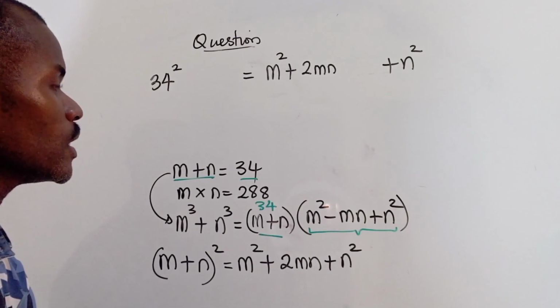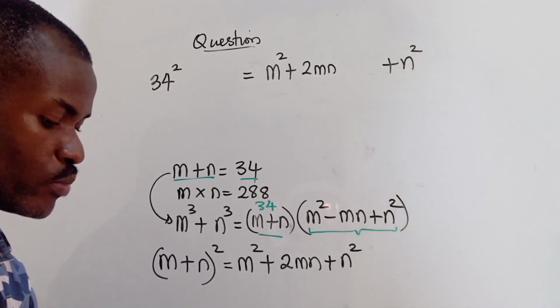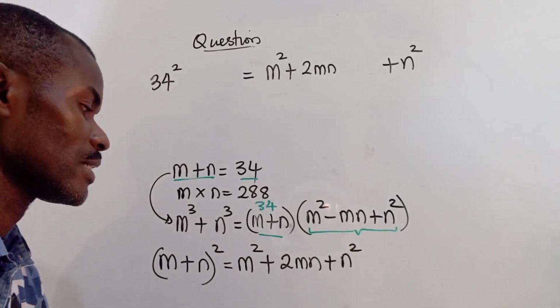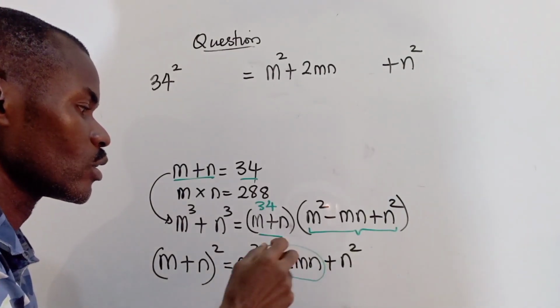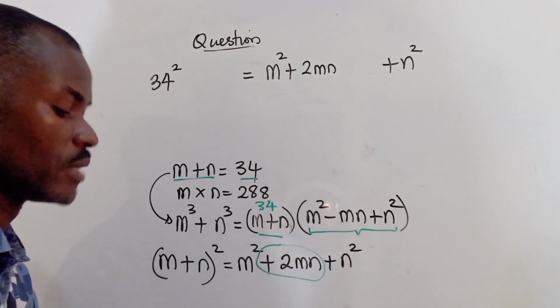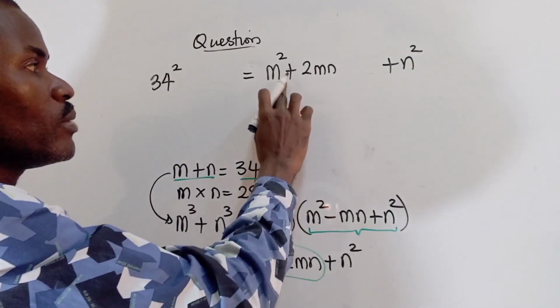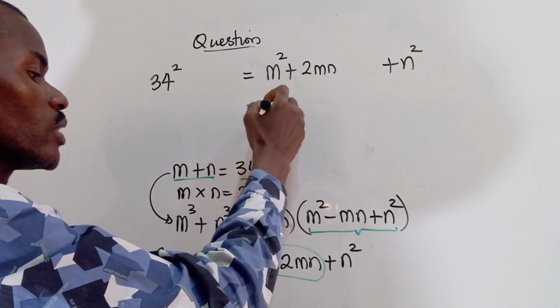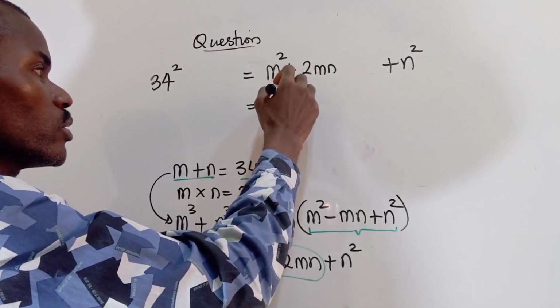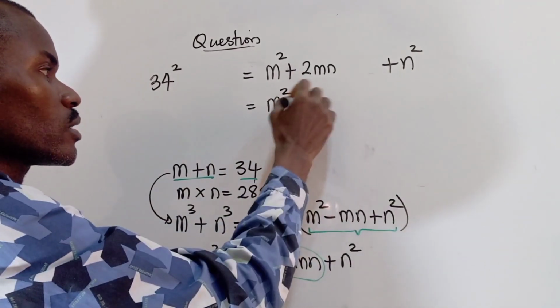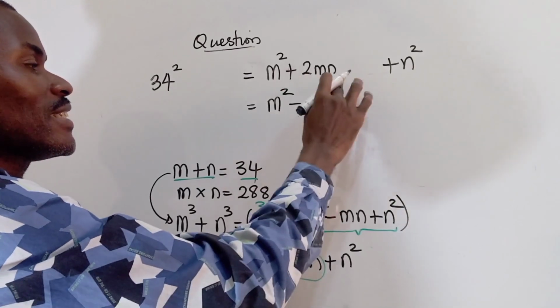Now, how do we manipulate this center point in such a way that we get minus mn? The idea is we want m squared minus mn at the center.